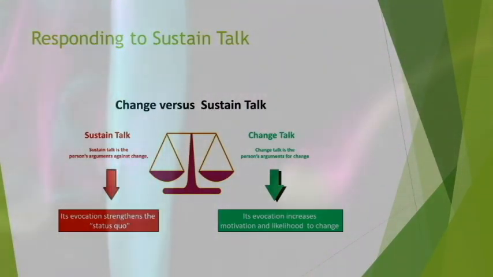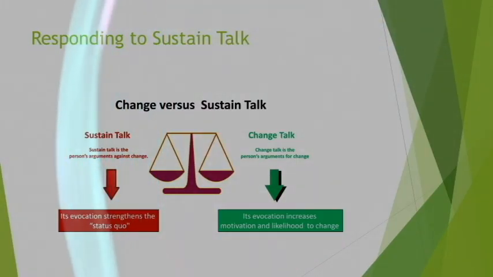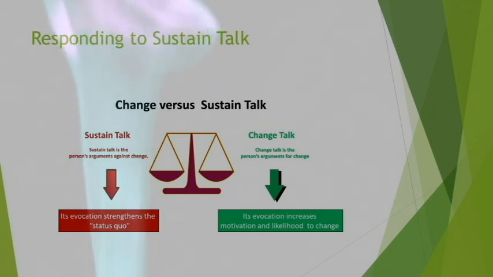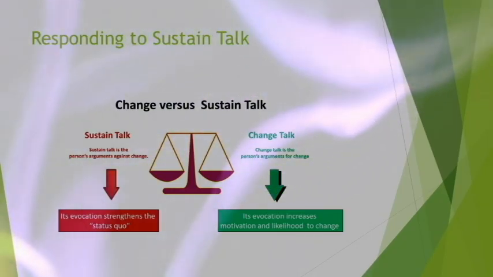Now, with change also comes sustainment of that change. Sustained talk is the opposite of change, which is they just want things to stay the same. They express reasons not to change. I can't quit.